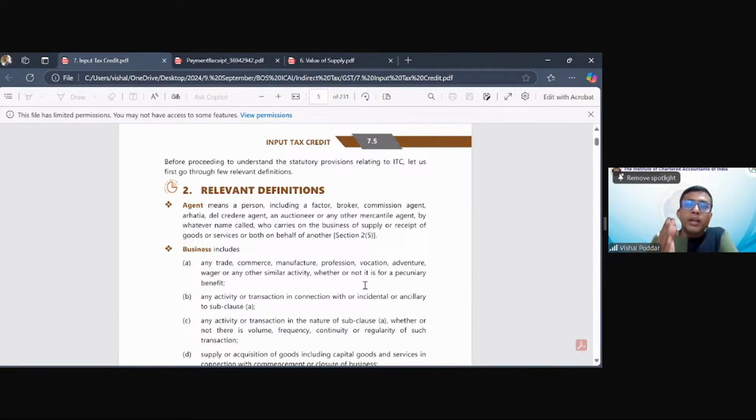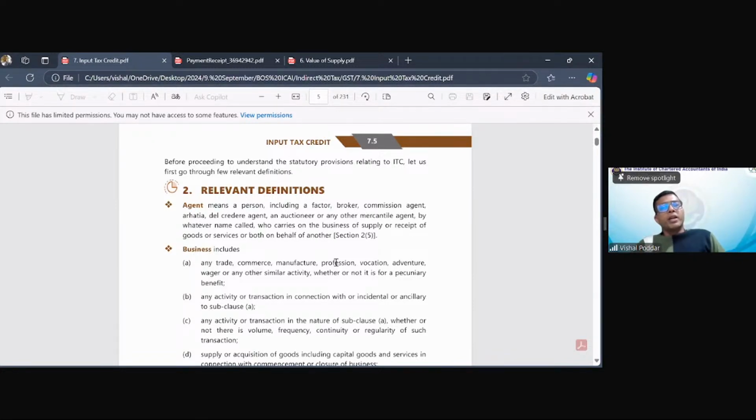Credit means that now you can set it off against your output liability. Only when you satisfy the conditions of this chapter does the tax which you have paid on the input side become input tax credit. And once it becomes input tax credit, you can set it off from your output liability.